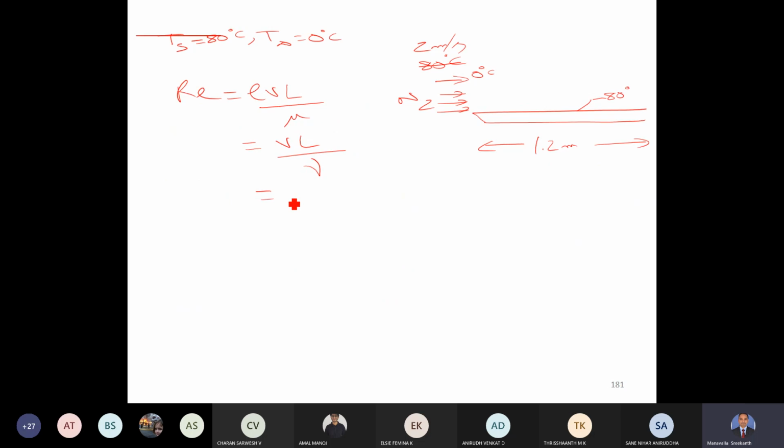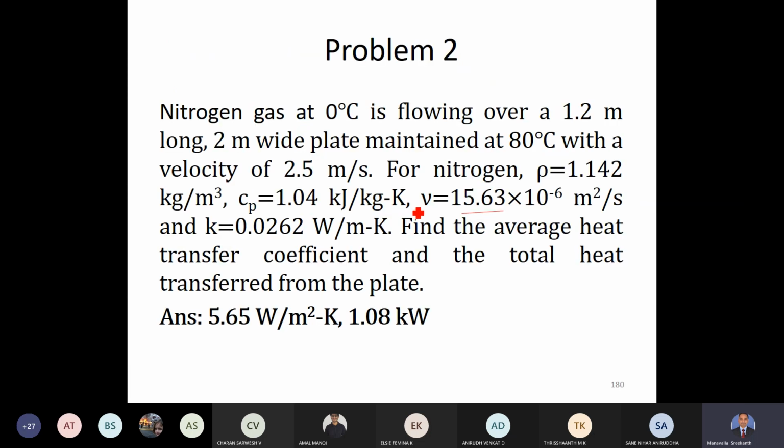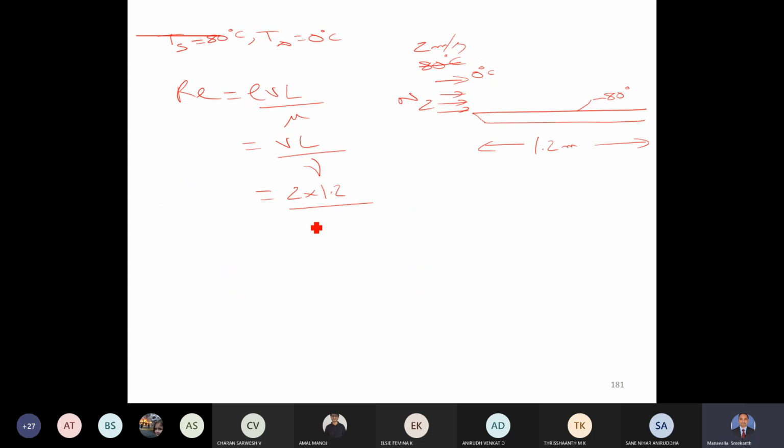Velocity is 2.5 meters per second, length is 1.2 meters, and the kinematic viscosity is 15.63 multiplied by 10 power minus 6. So calculate this value.